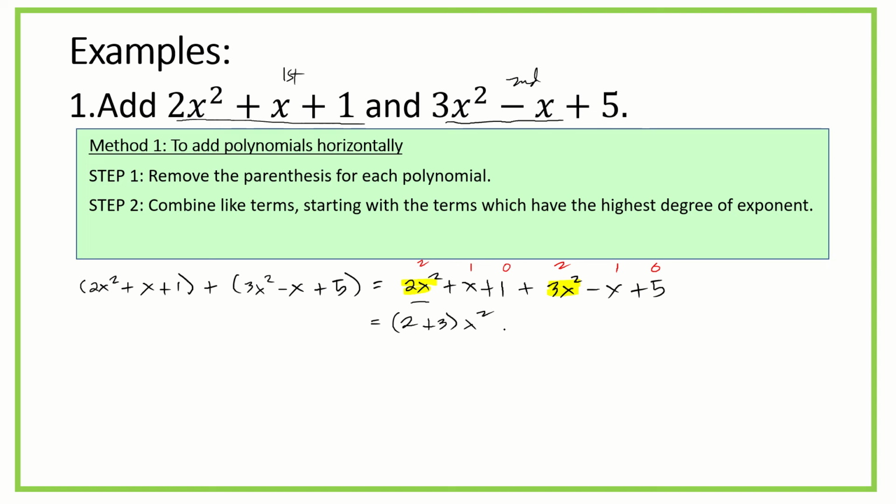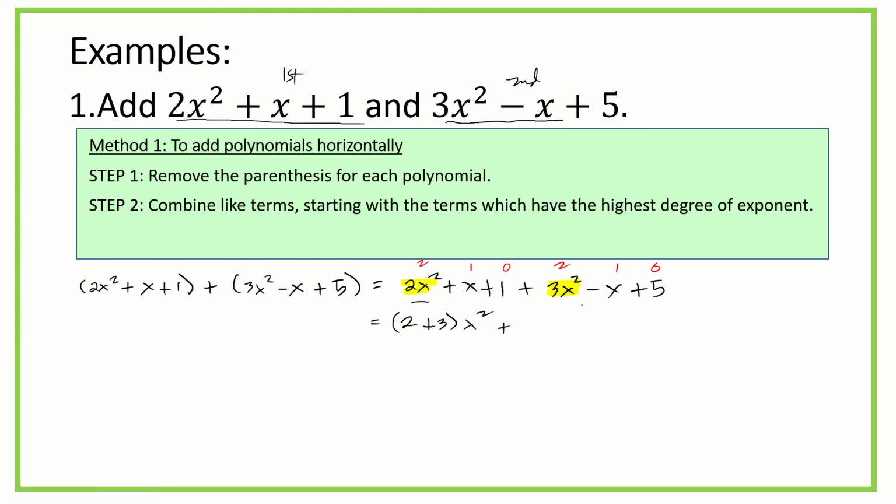So x. The x here and the x in here as well are like terms. And as you can see, this is a minus, right? So instead of thinking of a minus, we can think of it as plus negative x, because that's the rule in subtraction: we change minus to plus, but we get the opposite of what is next to it.